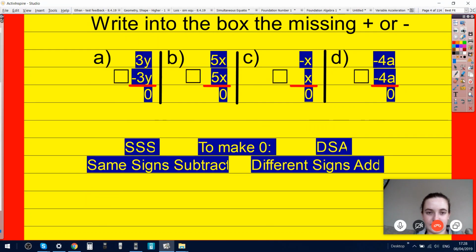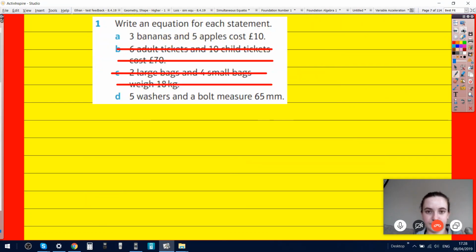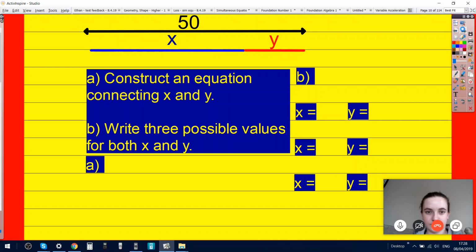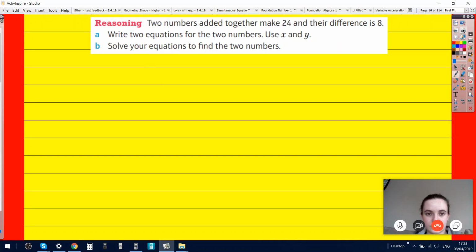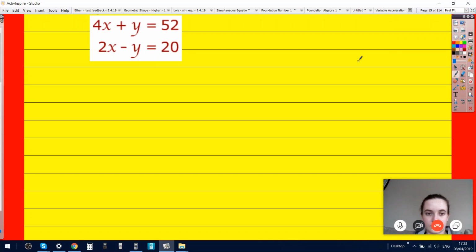So I'll just go straight to the first type of exam question and see if you already remember that type. How would you do this?